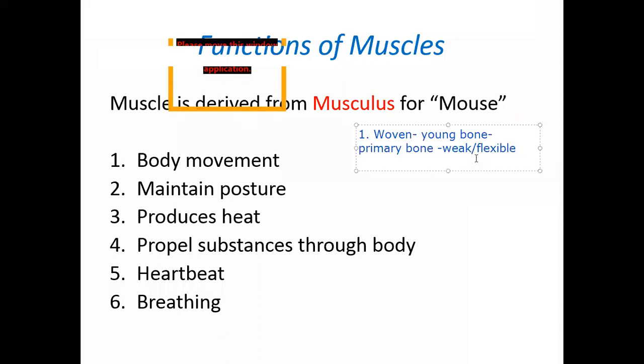Whereas the second type of bone is the lamellar bone; the woven bone gets converted into lamellar bone. So this is like a stage of development. First the bone is called a woven bone when it's a young bone or a primary bone, and then it's called a lamellar bone.